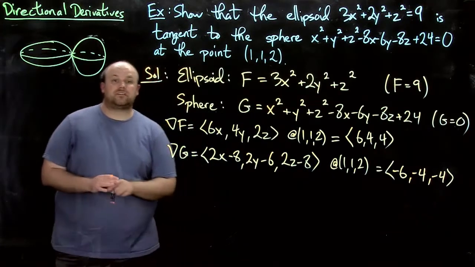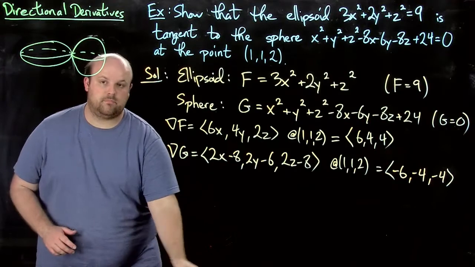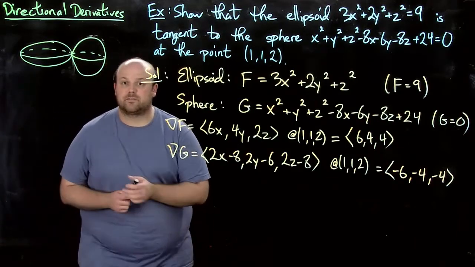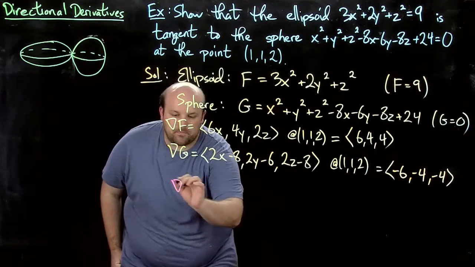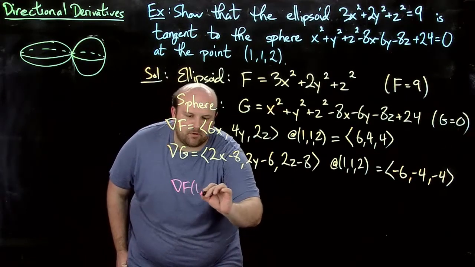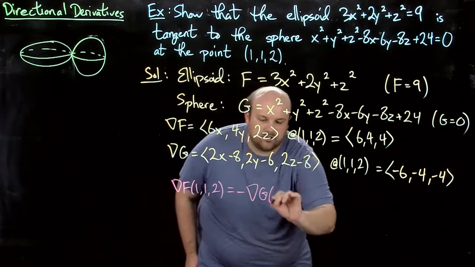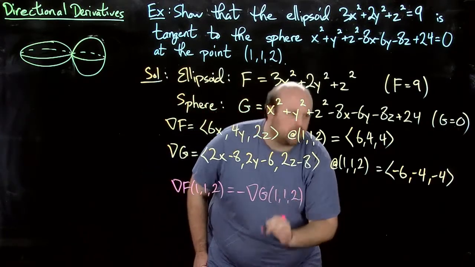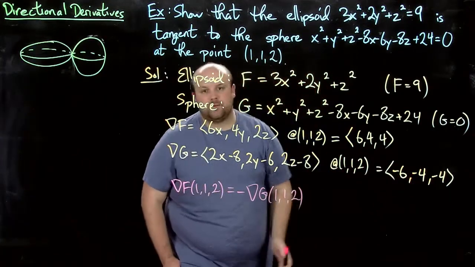So are these two vectors parallel? The answer is yes, of course. How are they parallel? Gradient of f at (1, 1, 2) is the negative of gradient of g at (1, 1, 2). If we multiply either one of these by -1, we get the other.